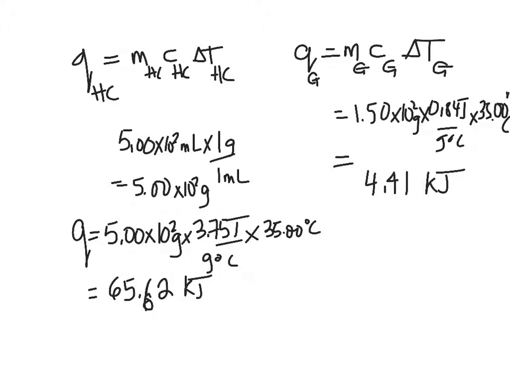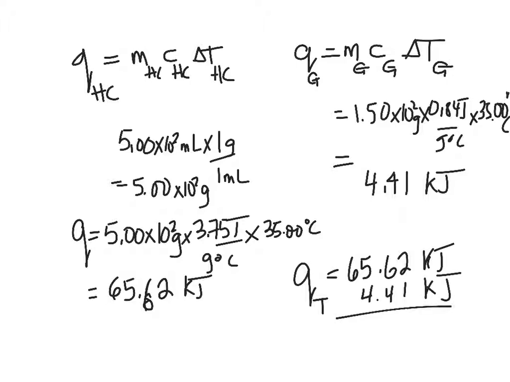So this is how much heat was transferred to our surroundings from the burning of the fuels. So Q total is the sum of these numbers. So about 70.03 kilojoules.